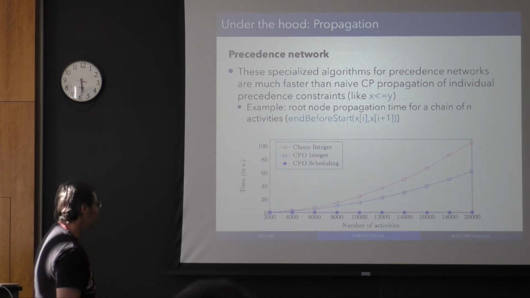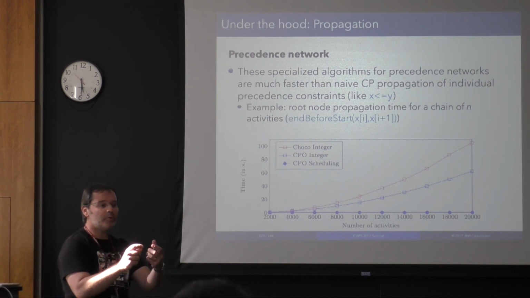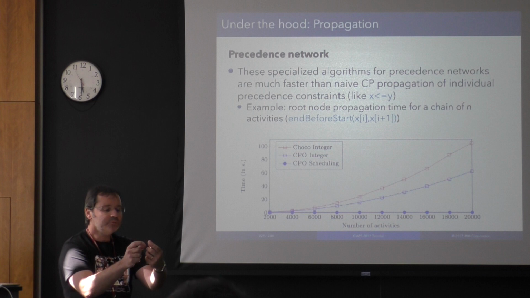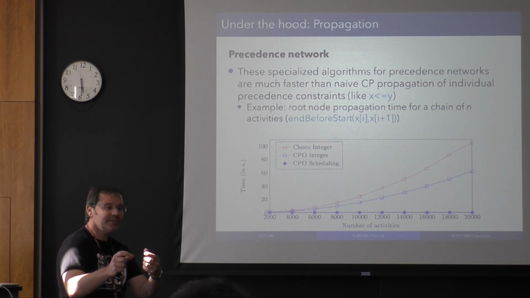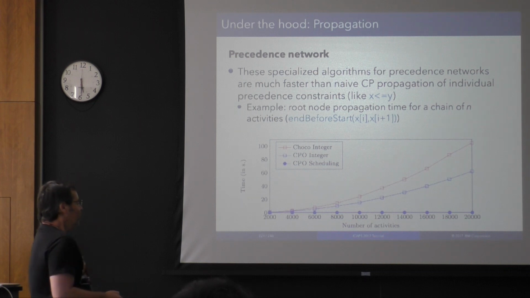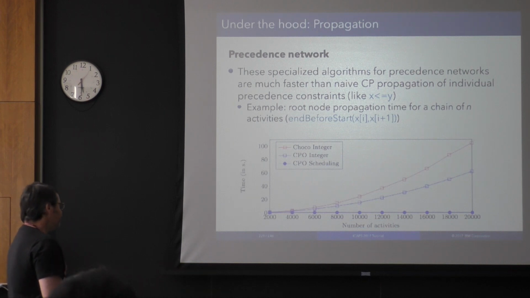This is terrible. Because what happens is that in the chain it will start to propagate somewhere, then it will push a little bit, but then it doesn't discover that you must push again something. I don't know what the worst case is, but it's at least quadratic for sure. And in CPO, well, it's flat.